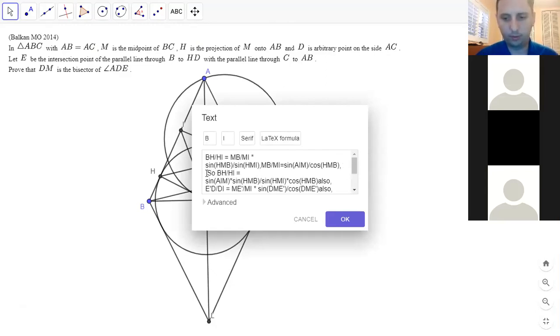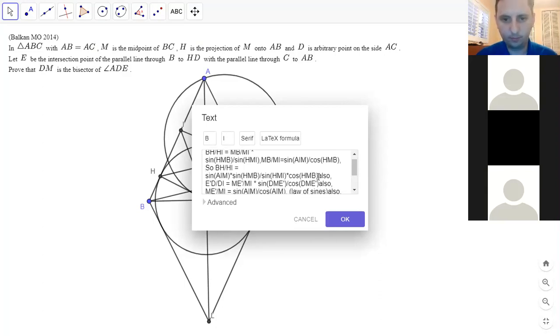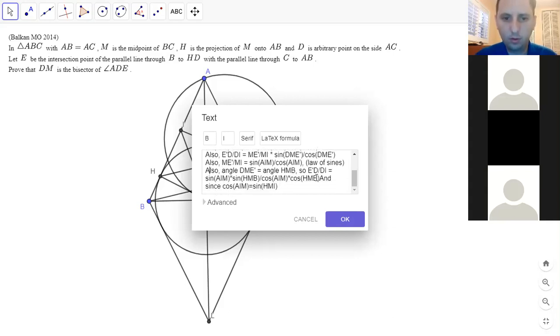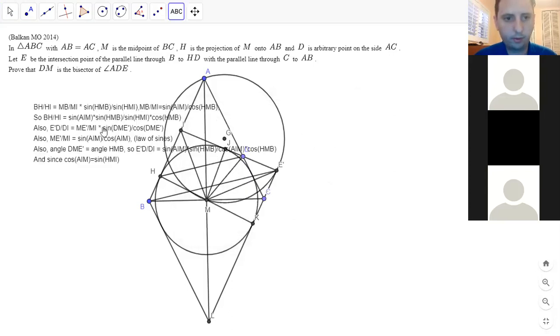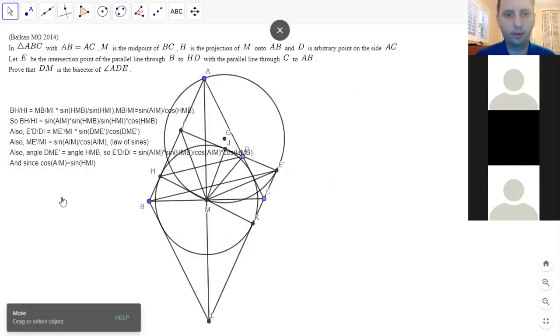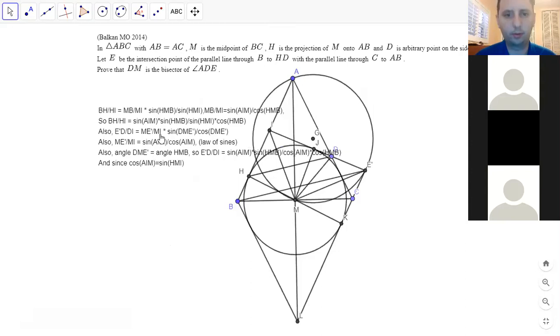So yeah, I just have to put, okay, so basically, I can move this picture to the right a little bit since it's a tall picture.